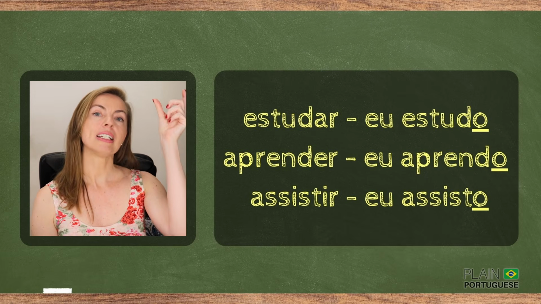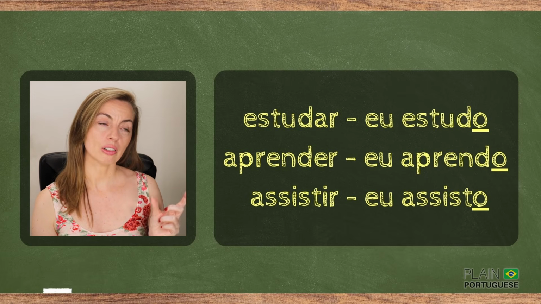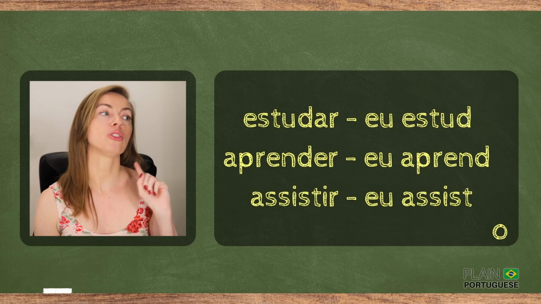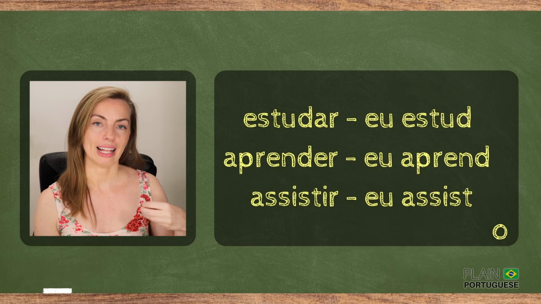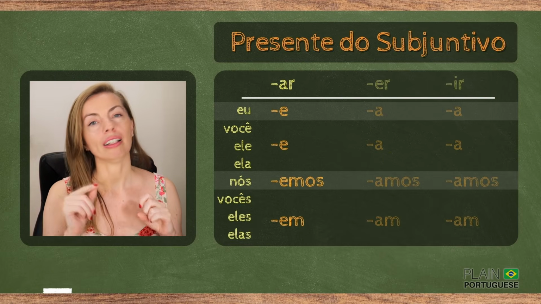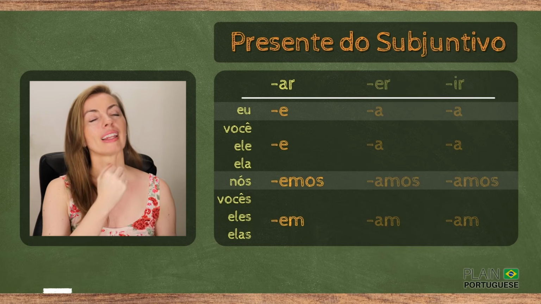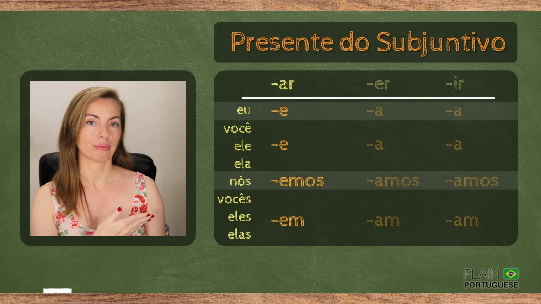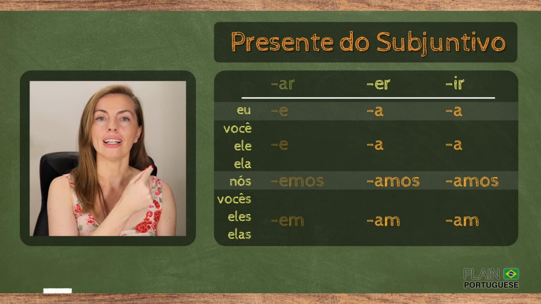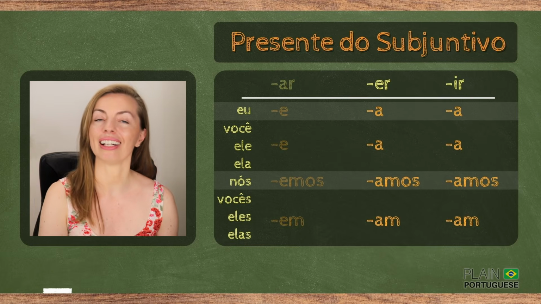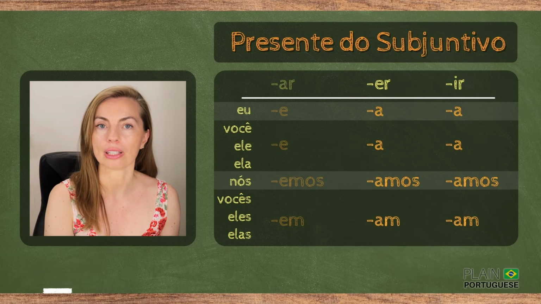Okay, so take the first person singular conjugated in present indicative and drop the final O. Drop the final O and add the corresponding endings, which are, well, here there is a little twist. AR ending verbs will take these endings. Now, ER and IR ending verbs will take these other endings. This is the only twist.